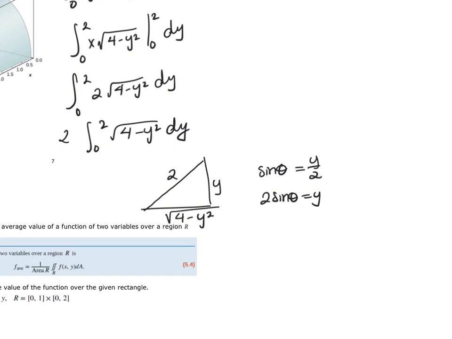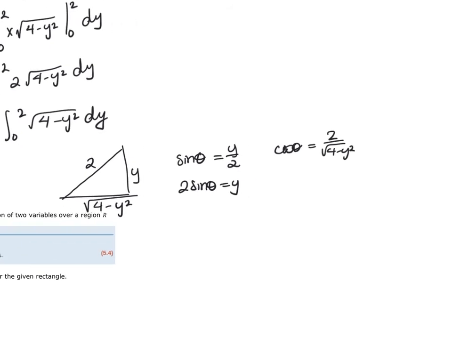I also have the cosine of my angle, which is going to be the square root of 4 minus y squared over my radius, which is 2. That actually should be the other way around. I'm just so excited about trig substitution.